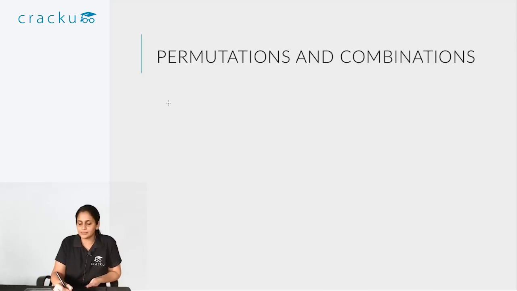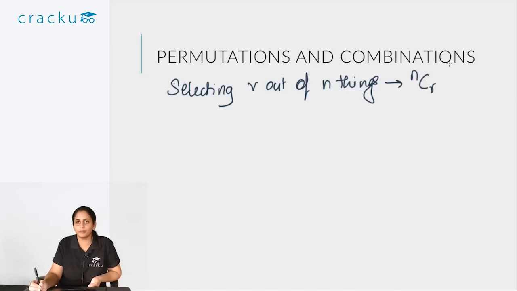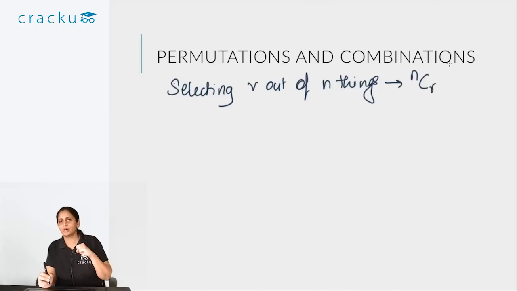So the first basic thing is, what is permutation and what is combination? Whenever you are selecting R out of n things, this is written as NCR. This is called a combination. So when you are selecting R out of n things, you are just picking things without arranging them.